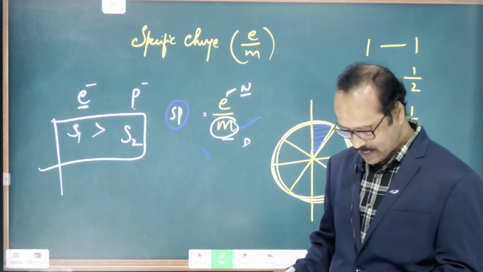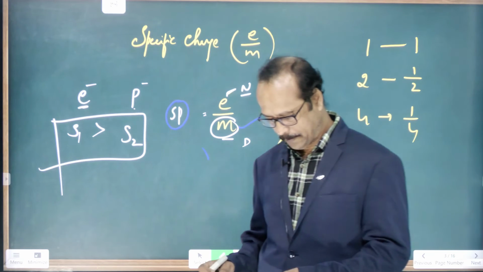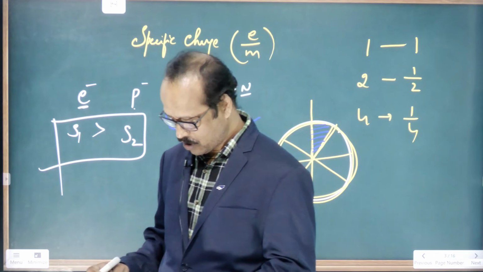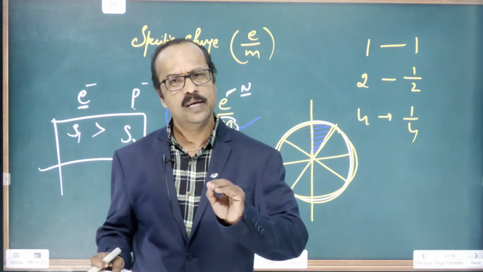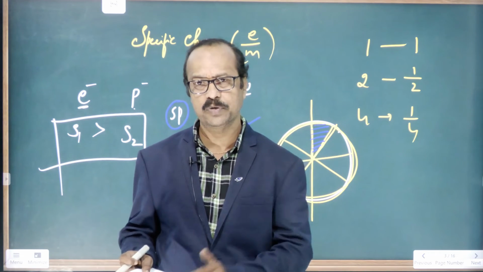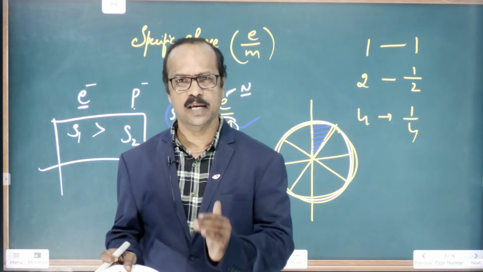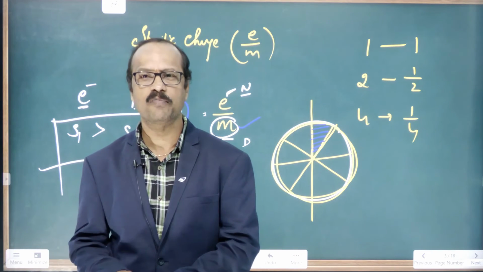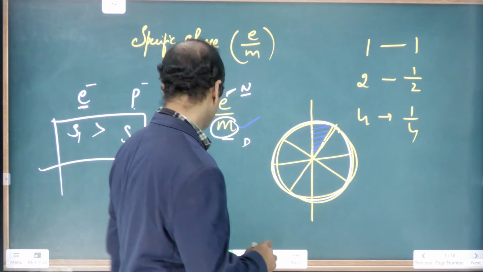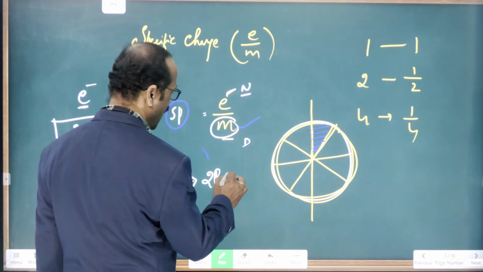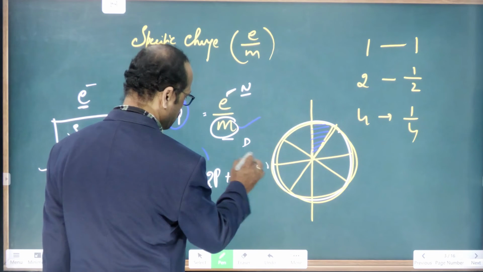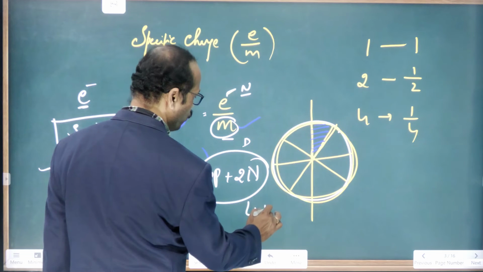Next, the most massive particle among the following: alpha particle, deuteron, proton and beta particle. Students, here some questions will be higher level, which we have not discussed in this topic, but still, okay. So, here it is the alpha particle. Why? Because the alpha particle is made up of 2 protons and 2 neutrons, so its mass is 4 units.